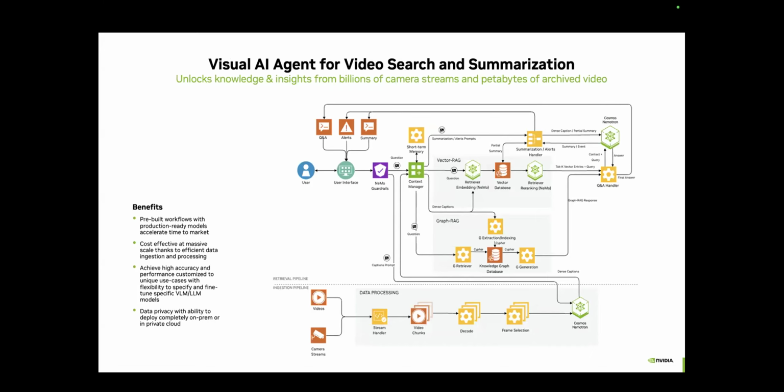Okay, and this one is also a very interesting one. This is called video search and summarization. This is especially important because we talk about how to use text-based information, and how to use voice-based information, but when it comes to video, how you're going to actually analyze the video is really interesting. The key aspect here is the vision language model.